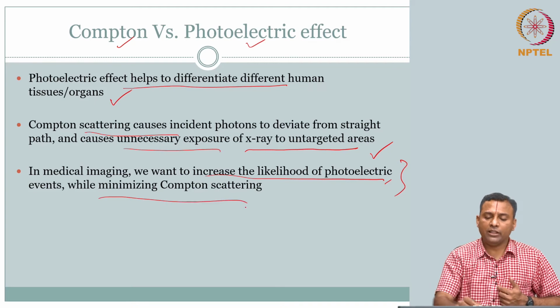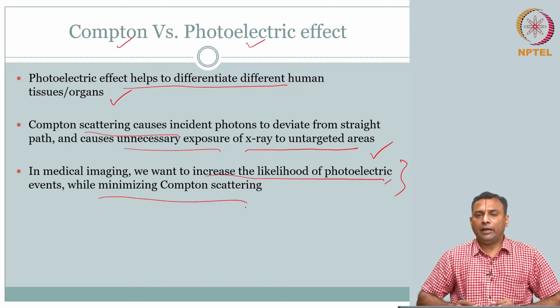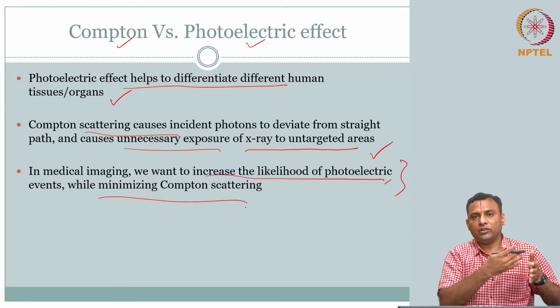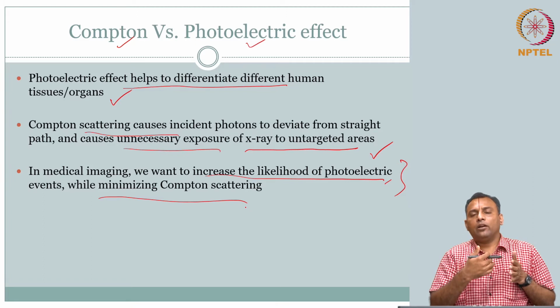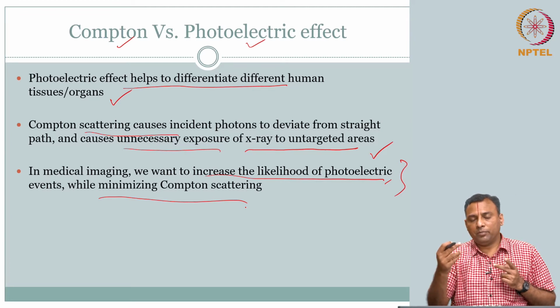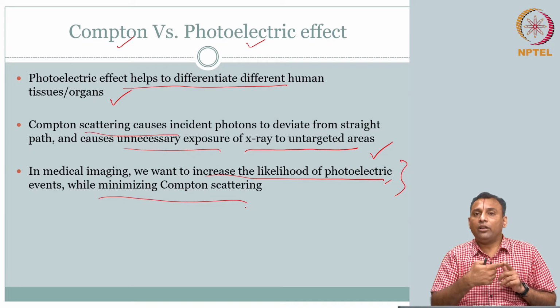Likewise, if you know how to minimize Compton scattering, that is beneficial, like the example that we saw with the angles. We can calculate how to minimize the Compton scattering, because from the perspective of dose it is one thing, and the other perspective is that it also contributes to the noise.